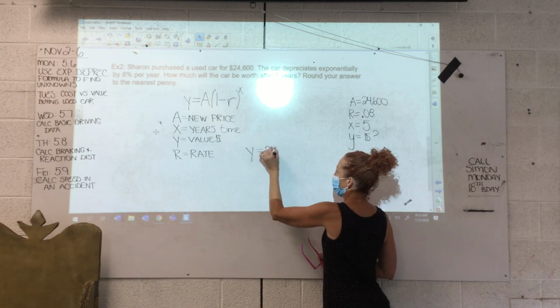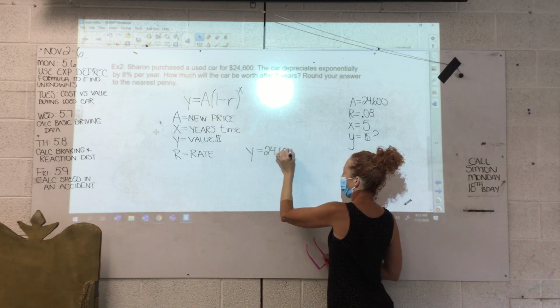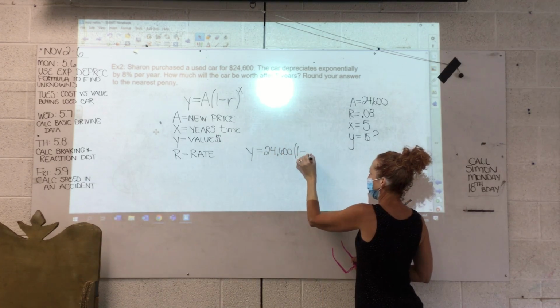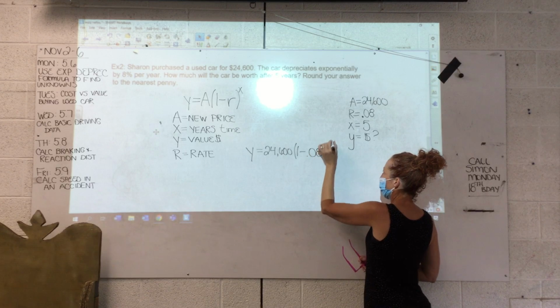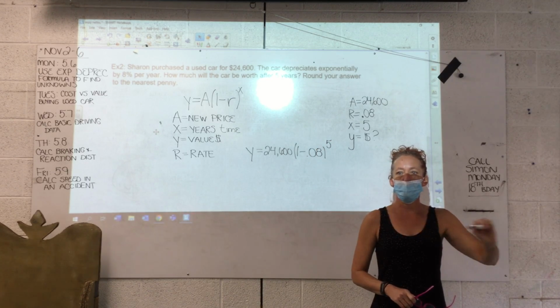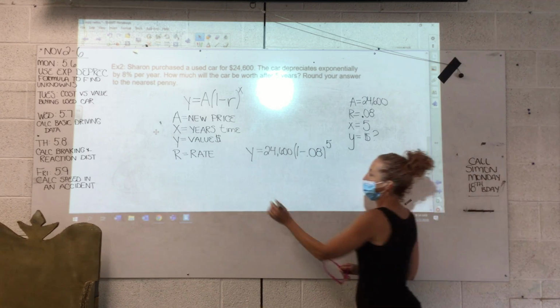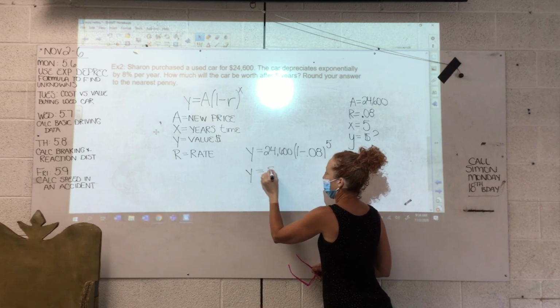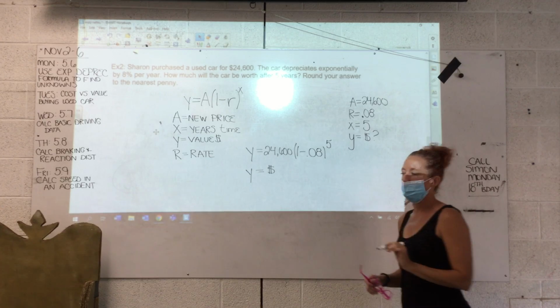Y equals 24,600, parentheses, 1 minus 0.08, to the 5th power. That's what you're going to type. If you type that all in as is, your calculator is going to do 100% of that work and tell you what the value of that car will be.